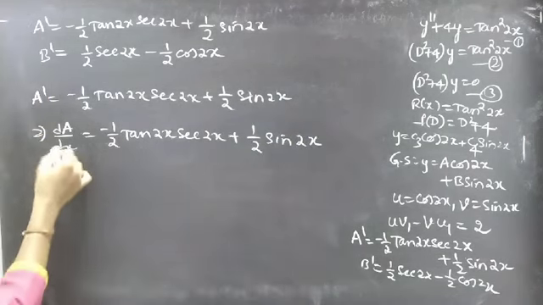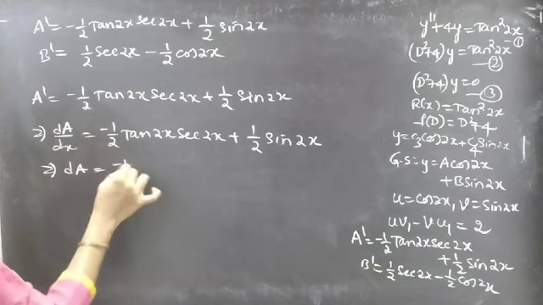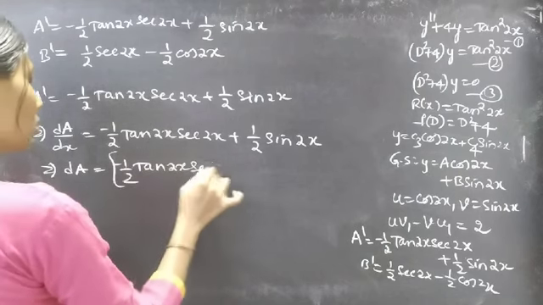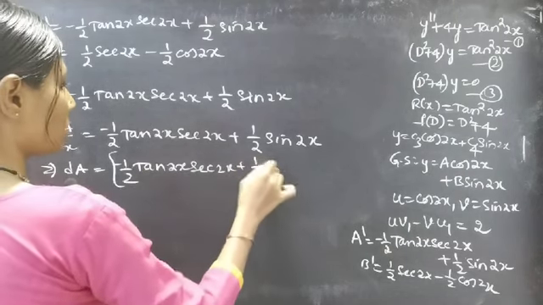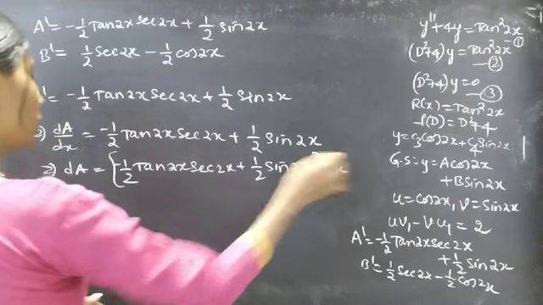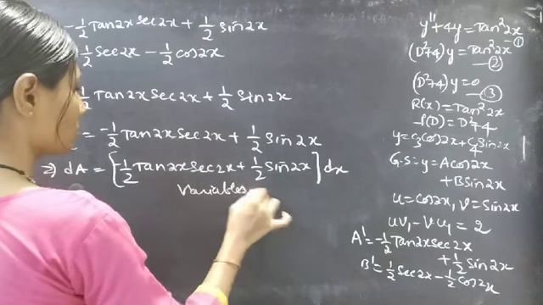Let's separate the variables by sending dx to RHS. We'll get dA equal to minus 1 by 2 into tan 2x secant 2x plus 1 by 2 sin 2x into dx. Here the variables are separable, so we can perform integration.